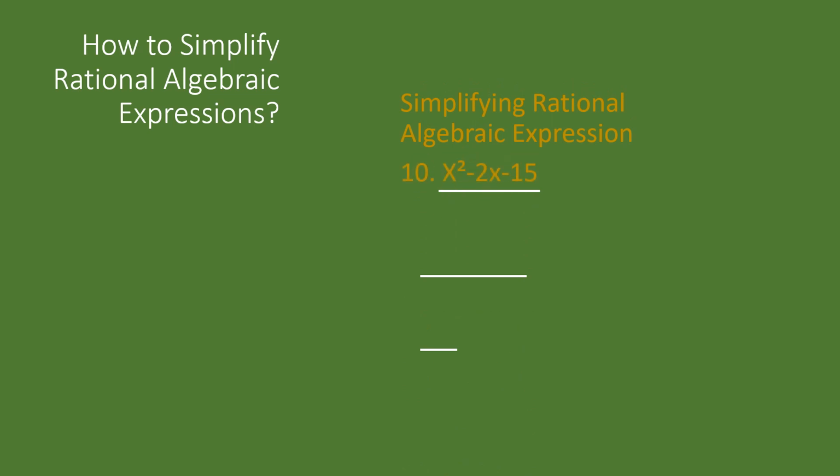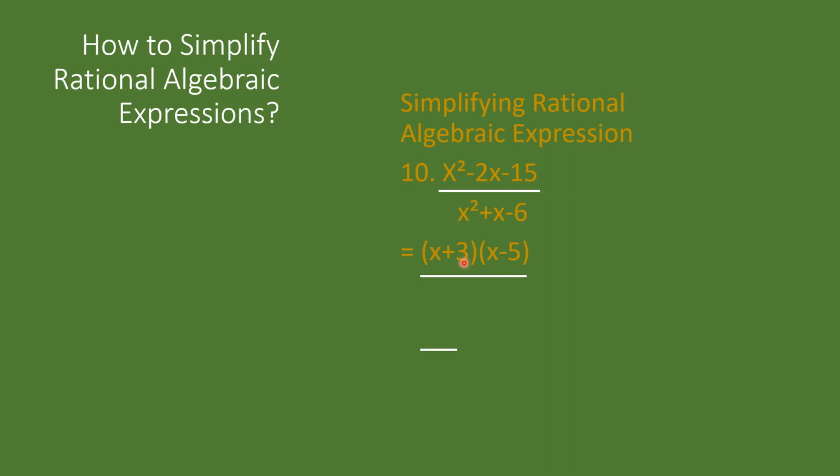Here's the last one. A trinomial divided by a trinomial. So in factoring trinomial, we need to look for 2 factors of negative 15 that if we're going to add, the result is negative 2. Same with negative 6, the result should be negative 1. So here's the factored form of the numerator, quantity x plus 3 times quantity x minus 5. 3 times negative 5, negative 15.